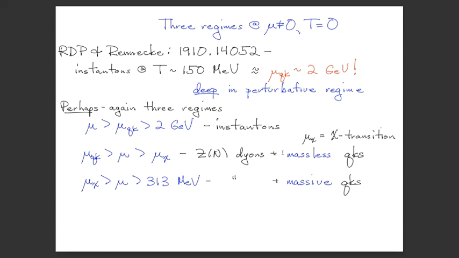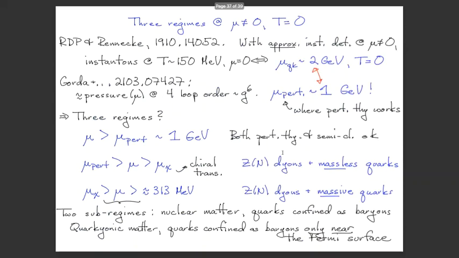So there's going to be an intermediate region relevant for neutron stars where it's dominated by Zn dions and massless quarks. I won't go into the details, except to notice that nobody ever did the exact one loop calculation of the instanton at zero temperature, non-zero density. It's still remaining to be done.